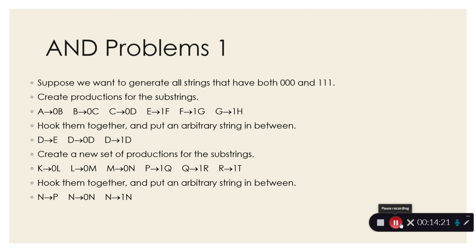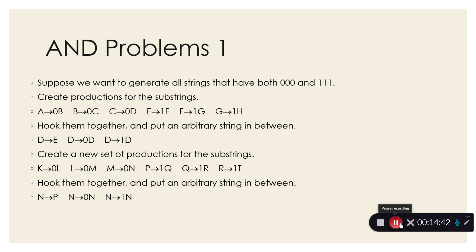I hook them together and put an arbitrary string in between. Say D goes to E, and I have D goes to 0D, D goes to 1D to create the arbitrary string in between. I could do these productions with E instead of D, right? It's fairly obvious that I could.